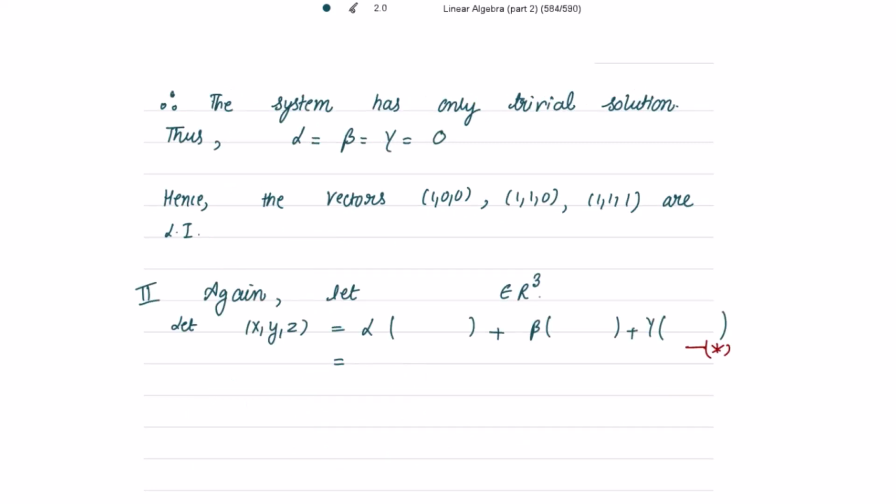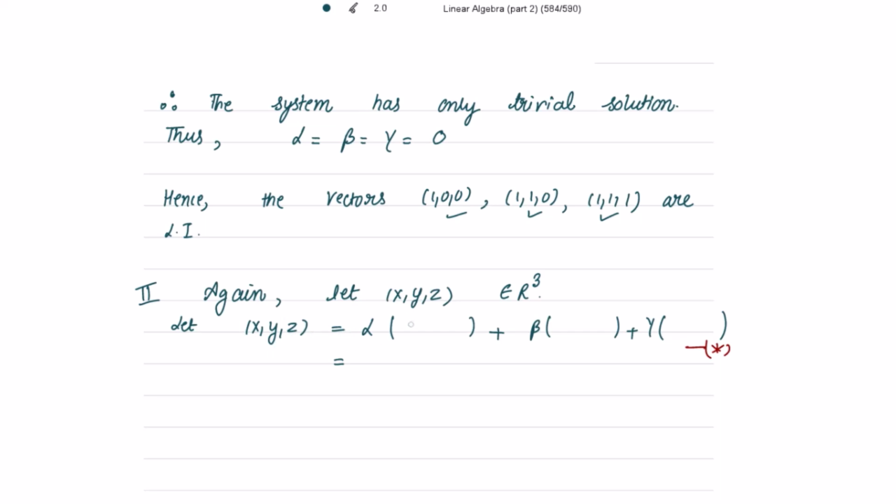And the second thing is I have to prove that these 3 vectors generate R3. For that I have to take one element from R3 first. Any element, any vector. So I am taking the vector (x, y, z) from this R3. I have to prove that every element of R3 is a linear combination of these vectors, right? So I have taken (x, y, z) to be the linear combination of these vectors. Let's say the scalars are alpha, beta, gamma.